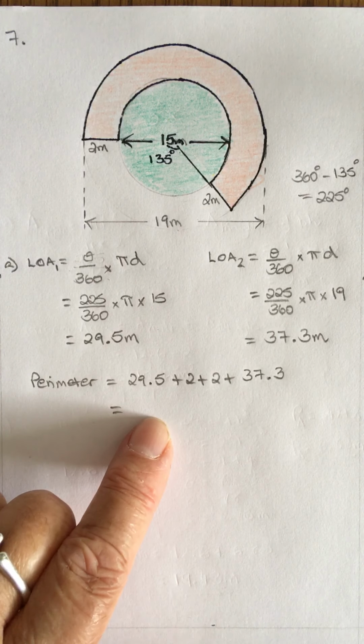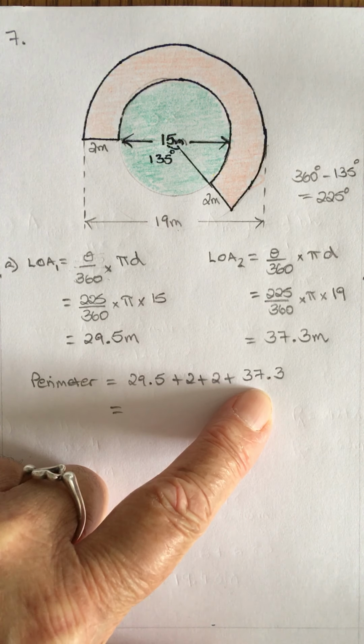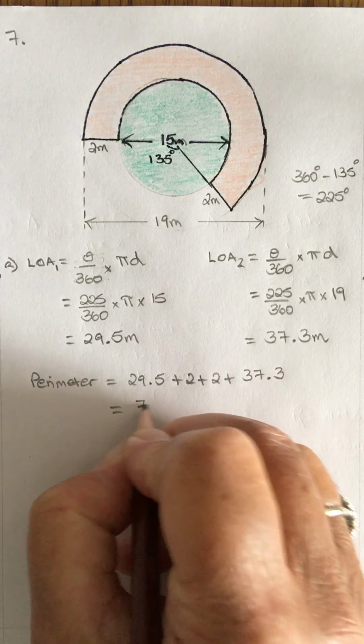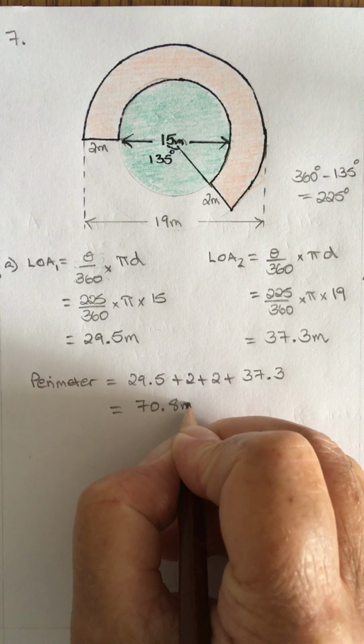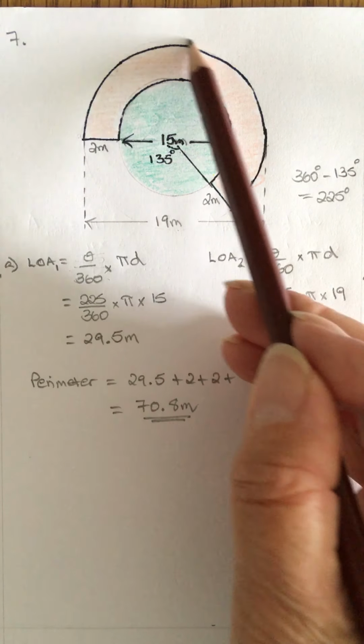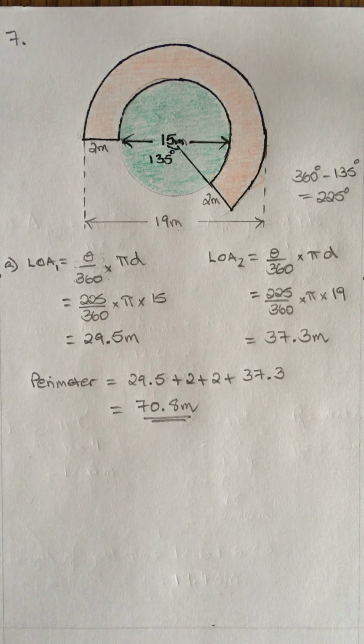When we add all that together, 29.5 plus 2 plus 2 plus 37.3, we get 70.8 metres for the perimeter of the path. That takes us all the way around there, up here, all the way around here, and along there back to where we started.